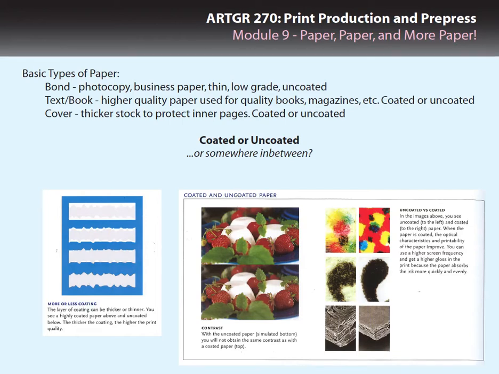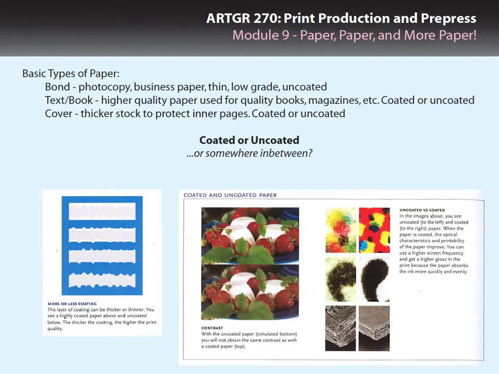It's a little bit higher quality. It can be coated or uncoated to various surfaces. And then another type of paper is called cover paper, which is thicker, and its job is to protect the pages, the book paper.